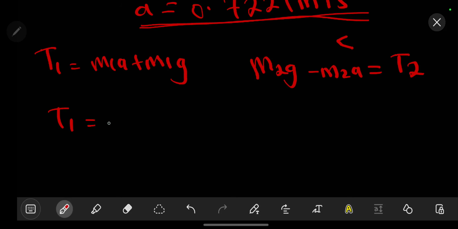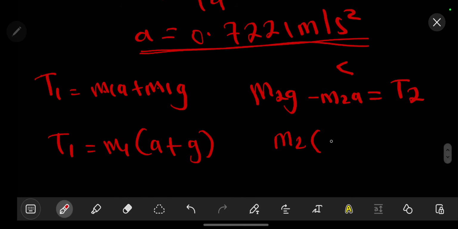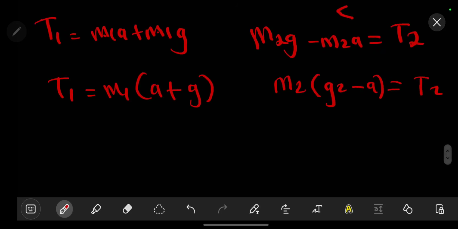If you recall, mass number 1 is 4 kg, that's the one we have been given. Then the acceleration. To make this easier, it's okay if you substitute directly, but let's just factorize. So m1 is common, then we are going to remain with a plus g. Even here, our m2 is similar, so we are going to have m2 open brackets, g minus a, should be equal to tension number 2, to make our calculation easy.